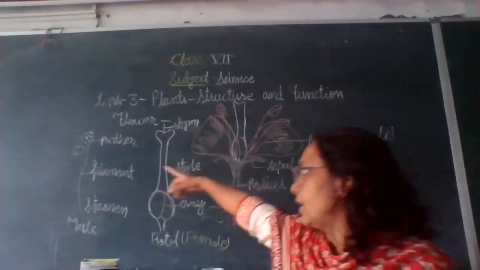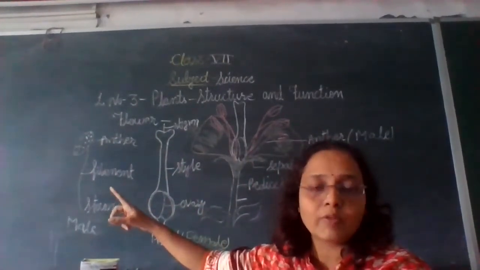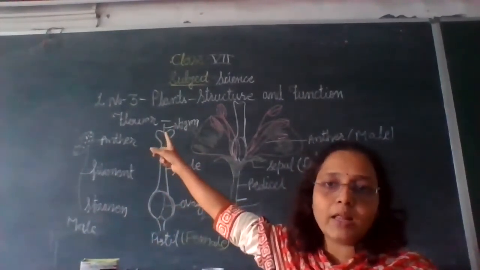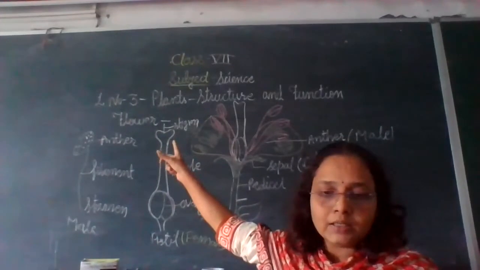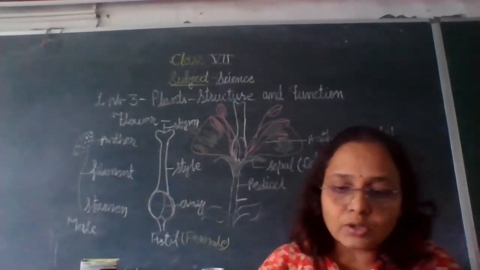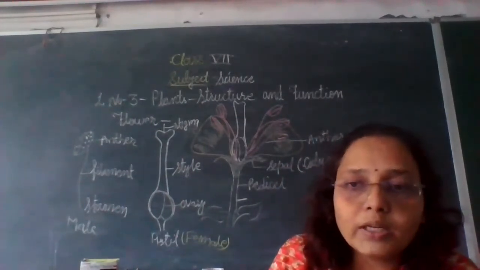What happens when the anther matures? The male anther matures, bursts and the pollen falls on the stigma of the female flower, and germination takes place. This process is called pollination.